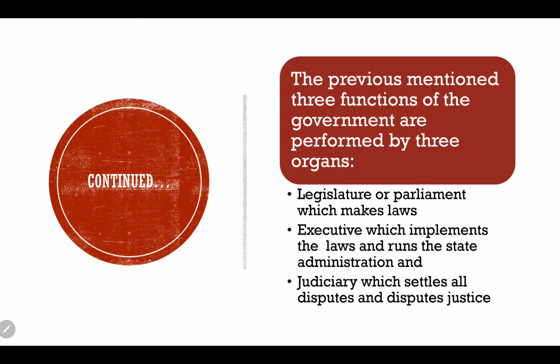Moving forward, the previously mentioned three functions of the government are performed by three organs. I have discussed three functions: lawmaking, implementation, and adjudication, right? These functions are performed by different organs. Number one is the legislature, number two is the executive, and number three is the judiciary.